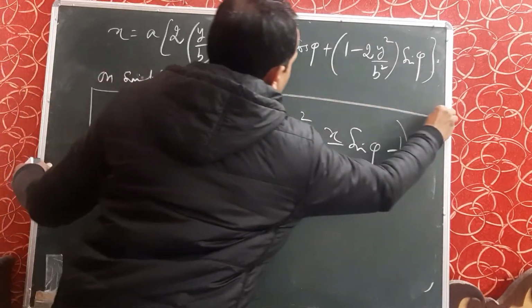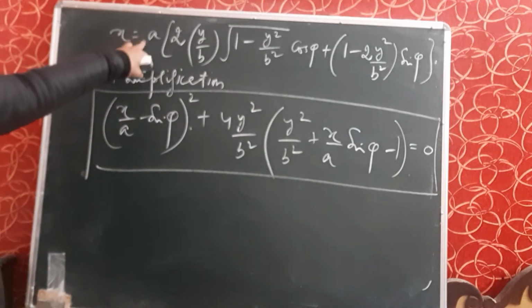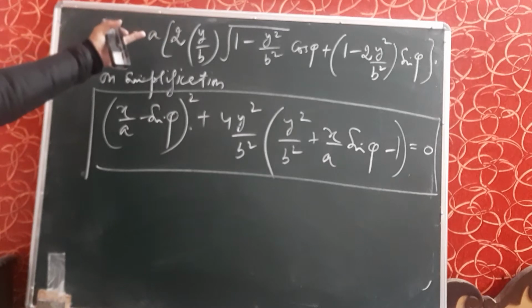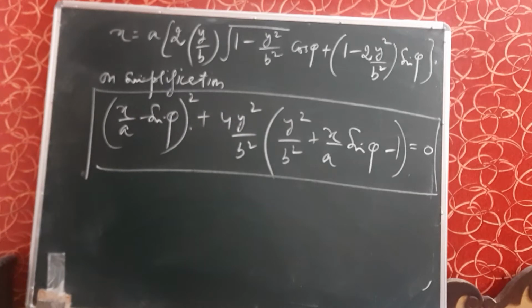So this is the final equation, which is obtained on simplification of this equation. On simplifying and separating x and y coefficients, finally you will get this answer. So this is the combined equation of two SHMs.